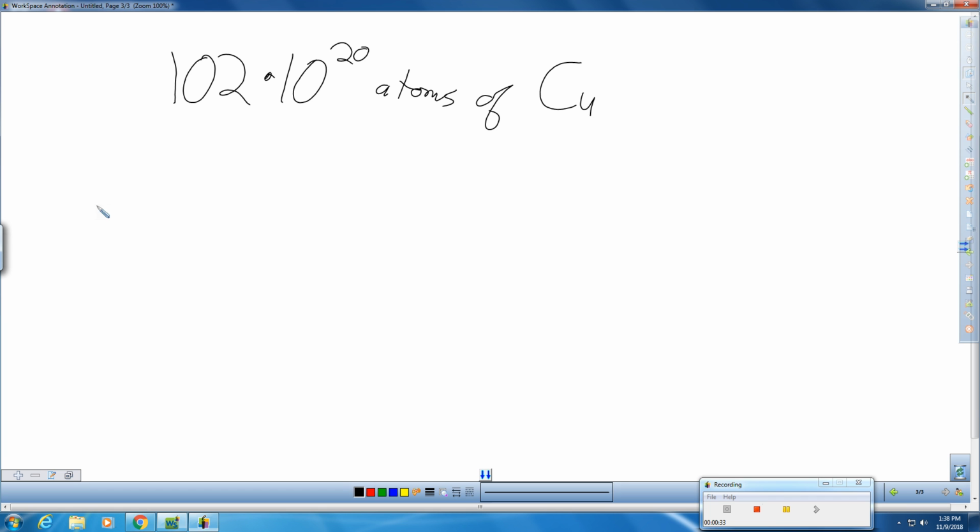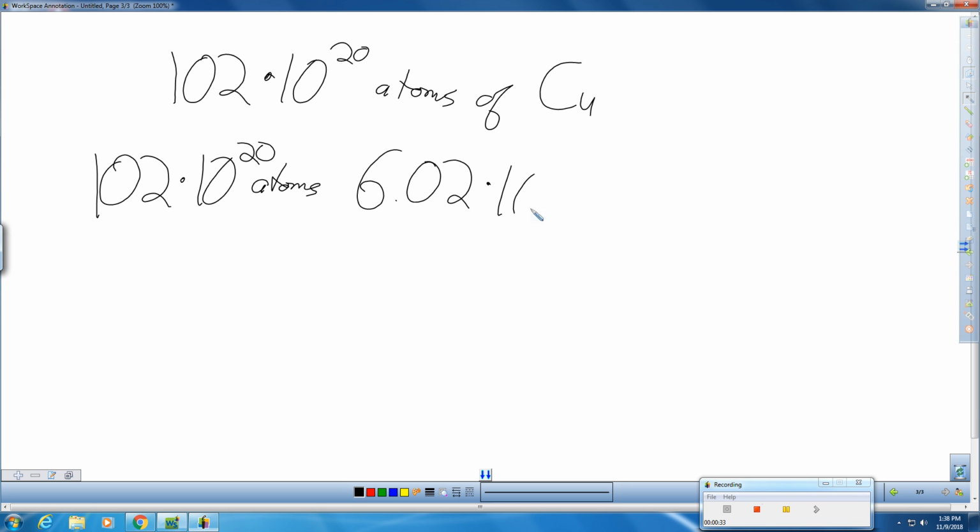All right. So we have 102 times 10 to the 20th atoms. What's our conversion factor between atoms and moles? How many atoms are in a mole? How many things are in a mole? 6.02 times 10 to the 23rd. And what are the units here?